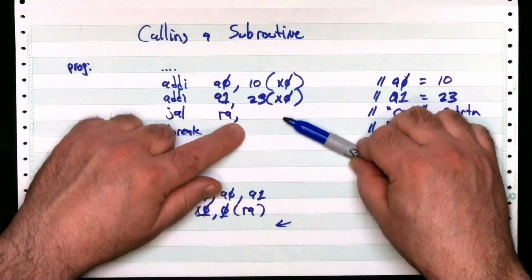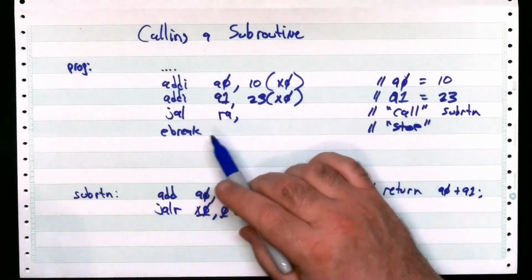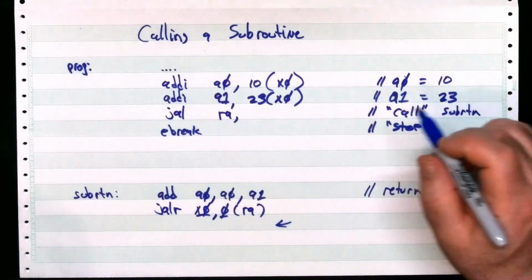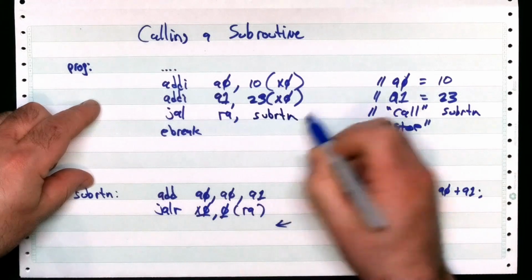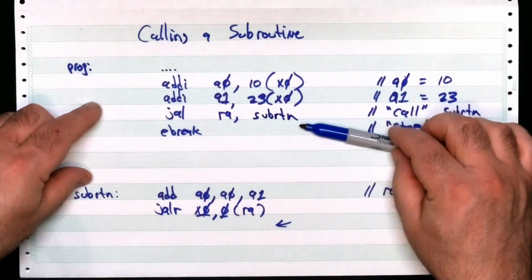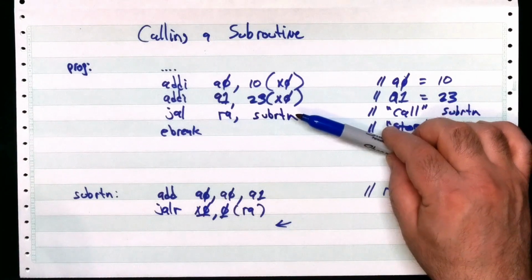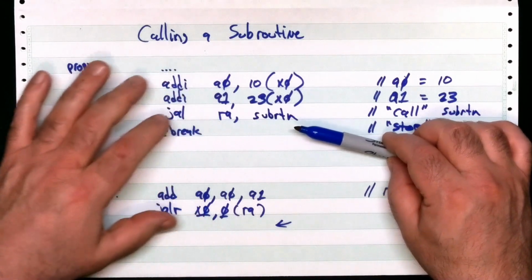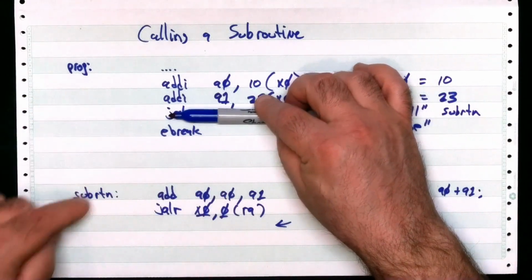What about this target address over here? Now, the way JAL works, the way the assembler works, you simply put the name of the subroutine in here. Now, what that means is, the assembler calculates the distance from this instruction to this subroutine.